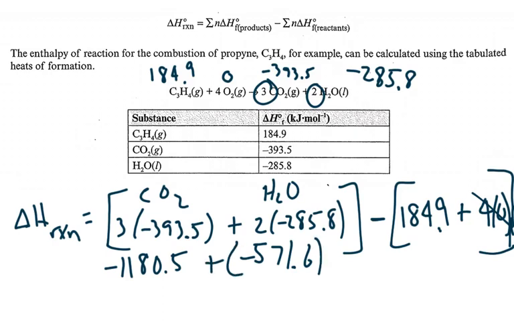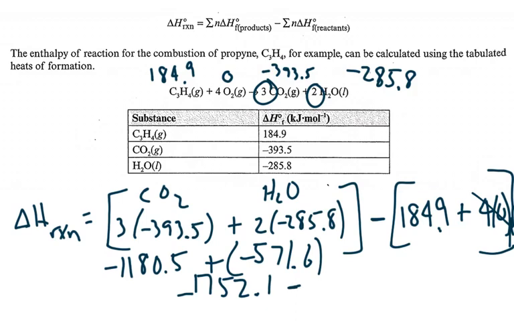We're going to add these two numbers together, so negative 1180.5 plus negative 571.6 will give you negative 1752.1.